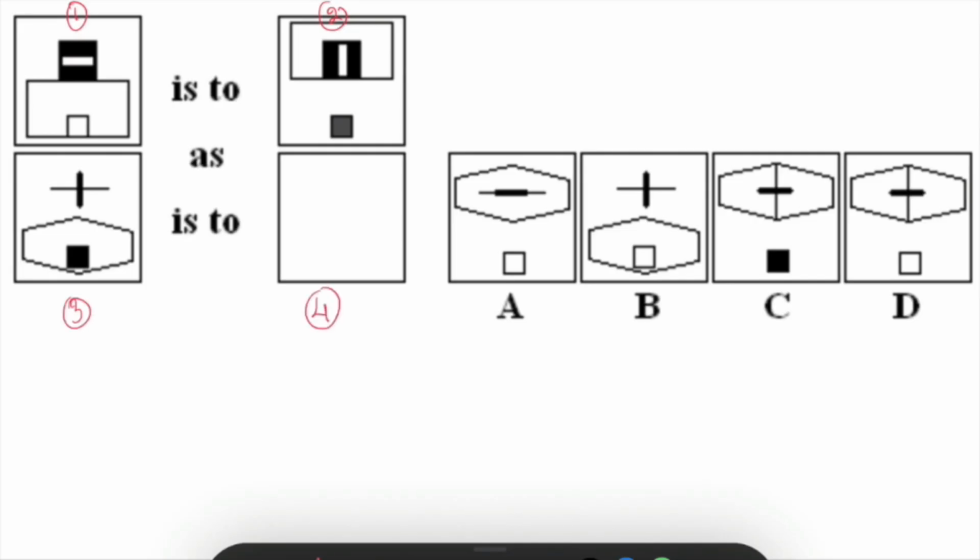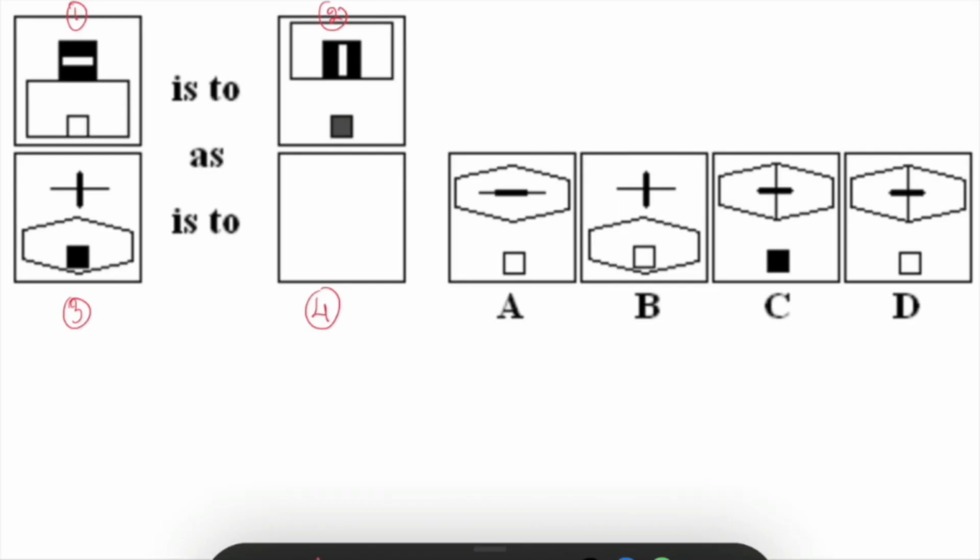So based on the relation, I can analyze and identify pattern 4 if I have pattern 3. So let's study pattern 1 and 2 and find out the relation between them.